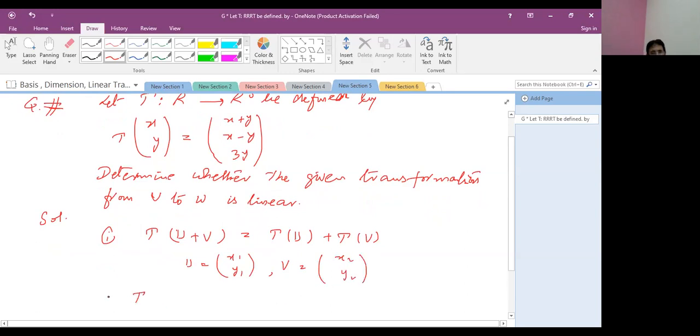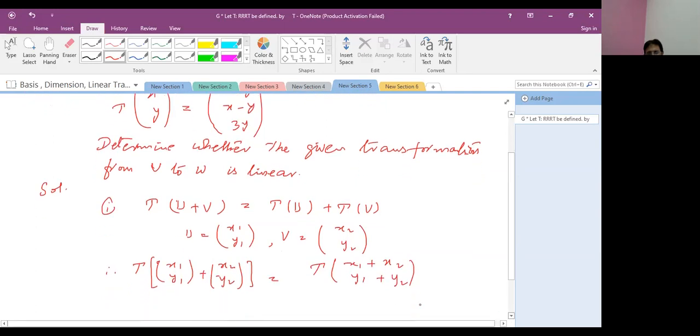Therefore T of U plus V means T of (x1, y1) plus (x2, y2), which is equal to the transformation of both added: x1 plus x2, and subtracted, x1 minus x2, according to the definition.